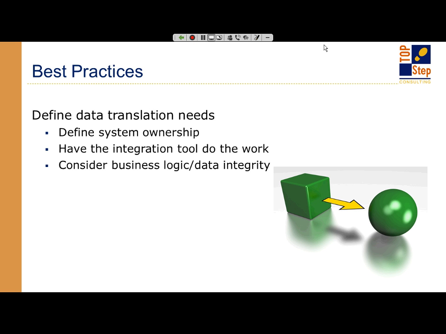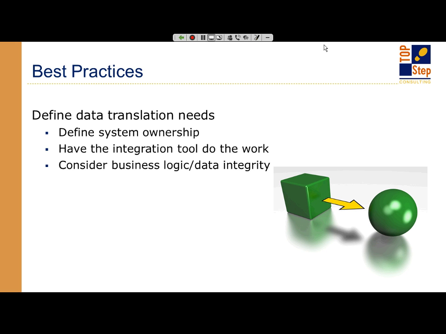The other best practice is data translation. And what I mean by this is that when you have data in two different systems, it does not necessarily mean the two different systems have the exact same database structure. Most have relational databases now, but that doesn't mean they track data the same way.